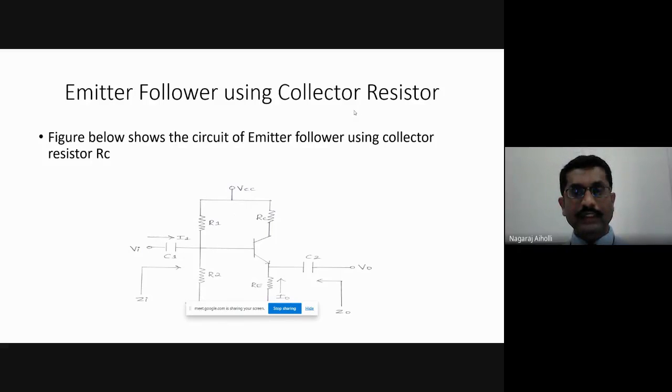Then there is a collector resistance RC, emitter resistance RE, and the input is applied to the base terminal. Output is taken from the emitter terminal. Same, but there is RC present here. Then we have the I0 moving into the emitter terminal, or moving into the transistor as per the convention. Input impedance is Zi, output impedance is Z0.